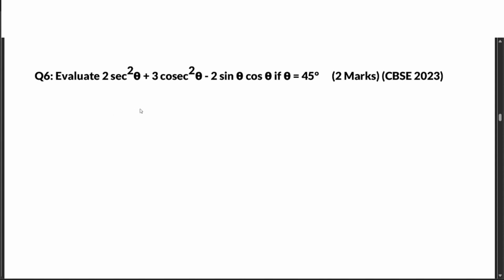Okay, so we have to find the value. So first we will write what is given in the question. So we can say 2 sec theta plus 3 cosec square theta minus 2 sine theta into cos theta. Now it is saying theta value is how much? 45 degree. So we can substitute the value.